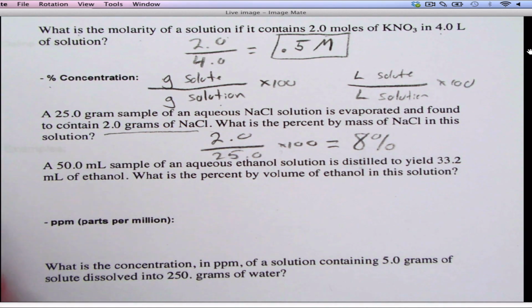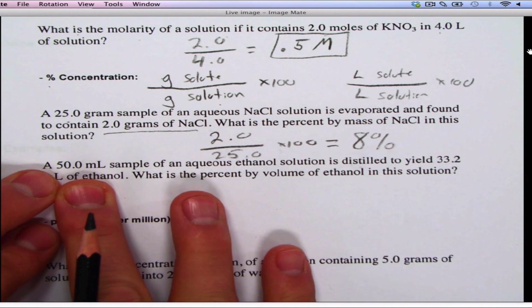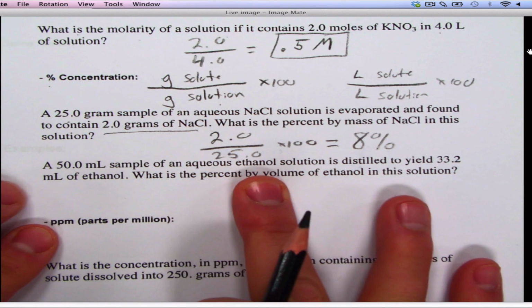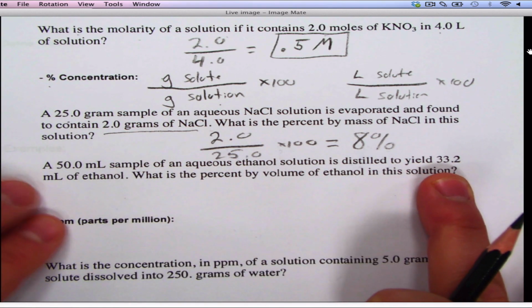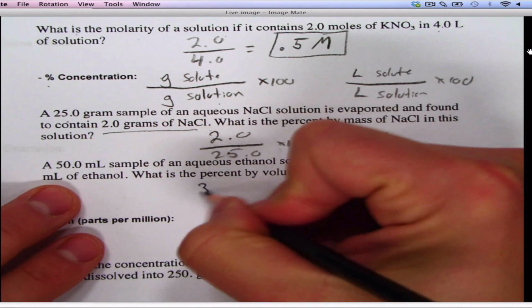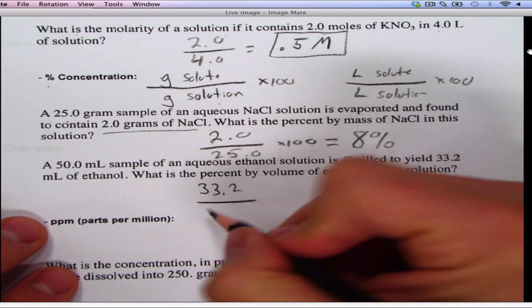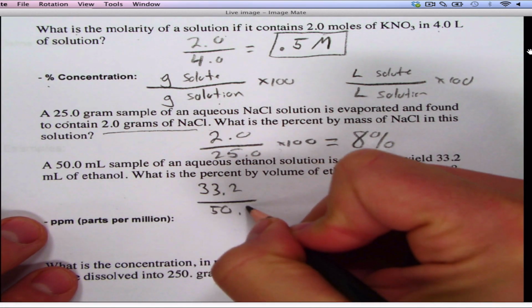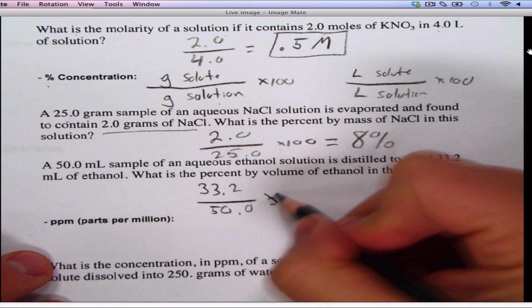Then if we did the other way, where we had liters, so let's say we had 50 milliliters of a sample of aqueous solution to yield 33.2 milliliters of ethanol. The solute is the lesser amount, so the 33.2 goes on top, divided by the 50 milliliters, and obviously you times by 100.